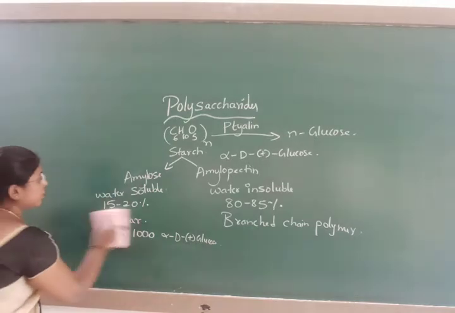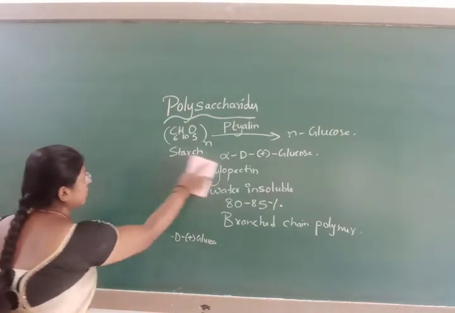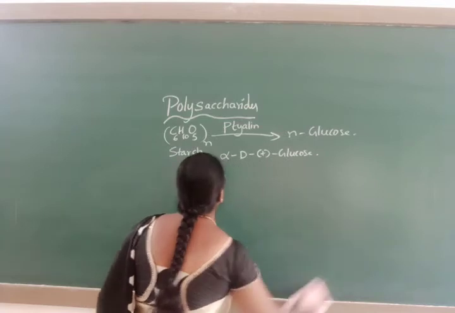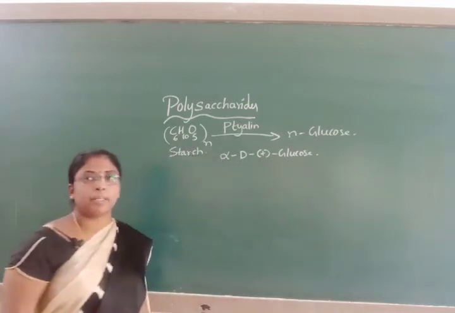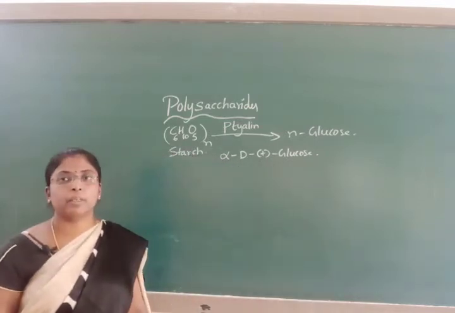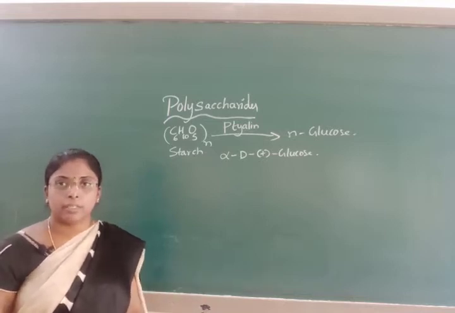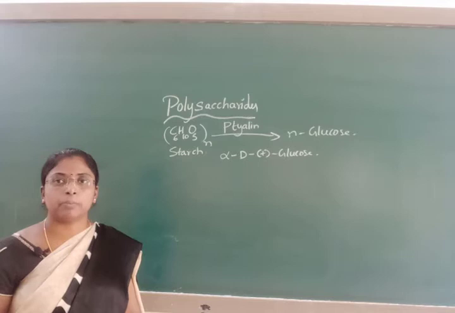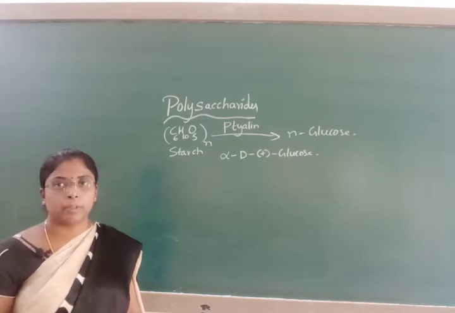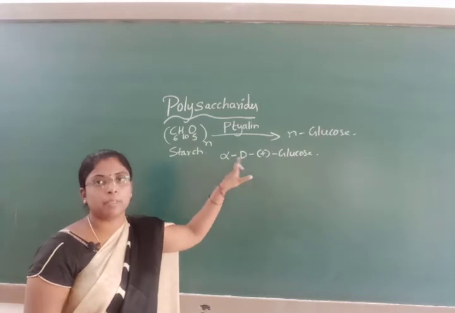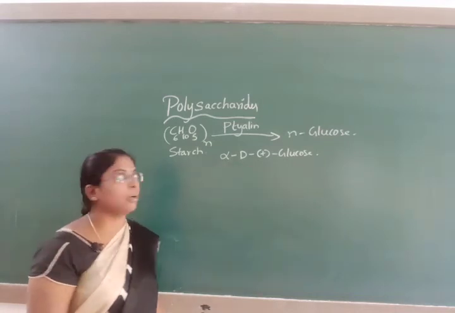Let us write the structure for amylose as well as amylopectin. Both contain alpha D plus glucose units as the monomer, but the arrangement is different. Amylose is a linear chain polymer, whereas amylopectin is a branched chain polymer.